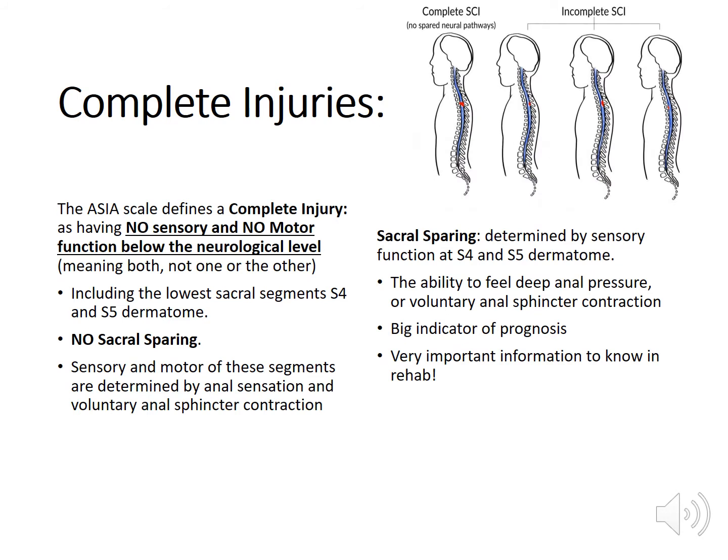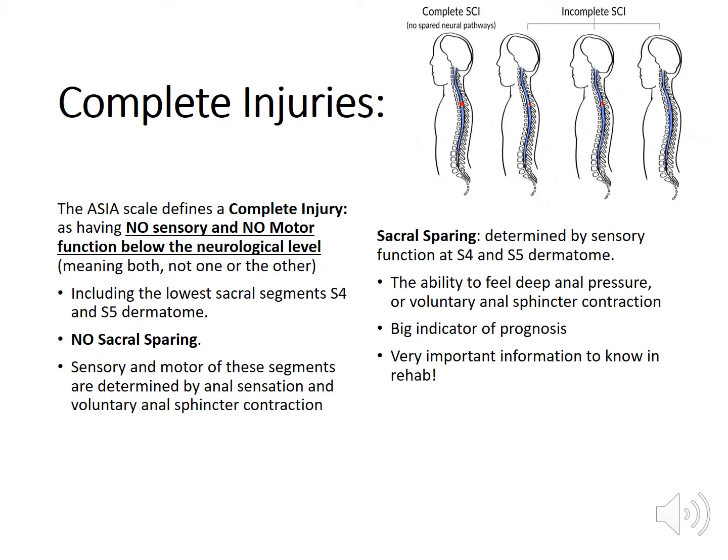Now, this slide further classifies the injuries into complete injuries, and in a future slide we're going to talk about incomplete injuries. So for complete injuries, the ASIA scale defines a complete injury as the patient having no sensory and no motor function below the neurological level, meaning both.